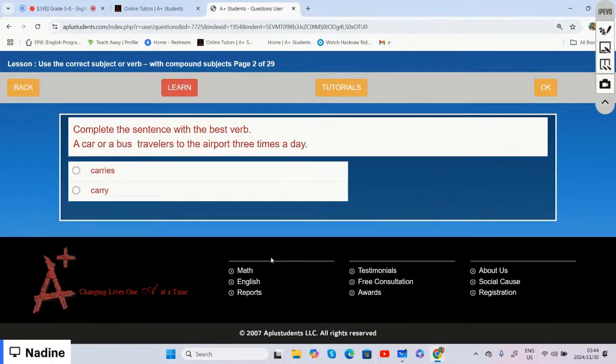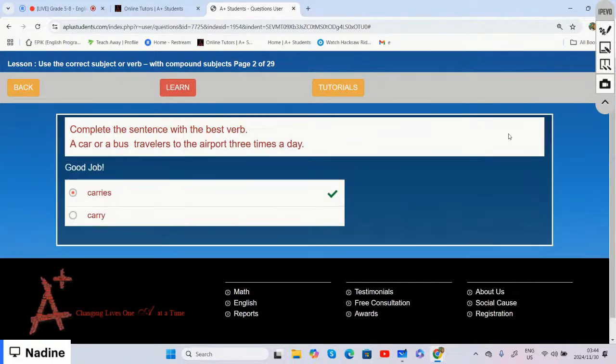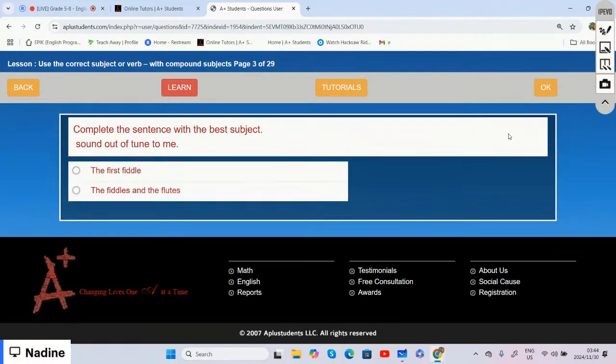So we say a car or a bus refers to one thing. So we can say carries travelers. Remember, if it's one bus, one person, it refers to it being singular. And remember, a singular subject needs to agree with a singular verb that either ends in s, es, or ies.